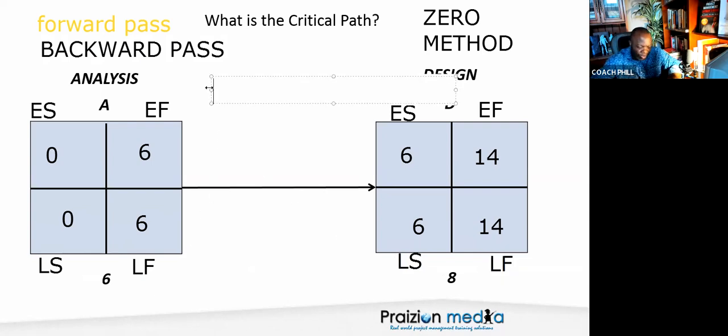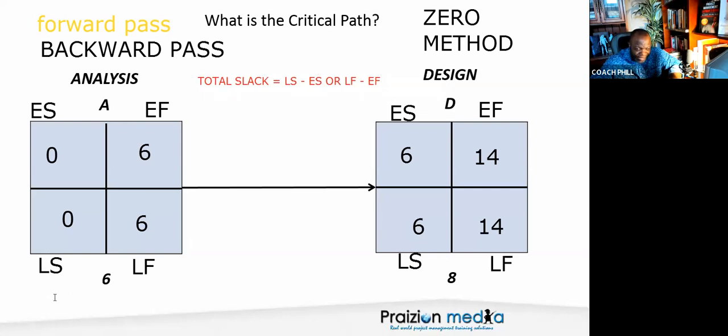Well, there's something called total slack. So let's play around with total slack here. Total slack is just late start minus early start, or late finish minus early finish. That's how Microsoft Project computes those things. So it's late start minus early start, or late finish minus early finish. And if you do that, you get the slack.